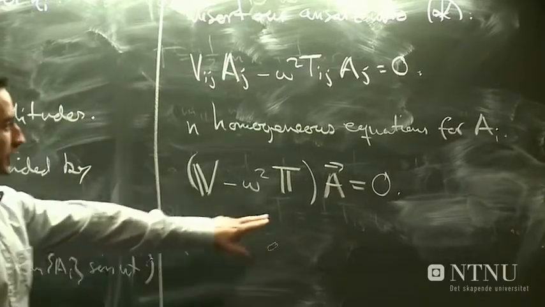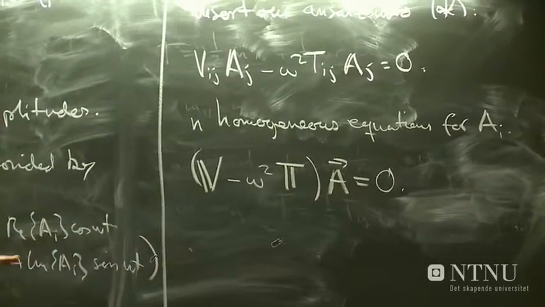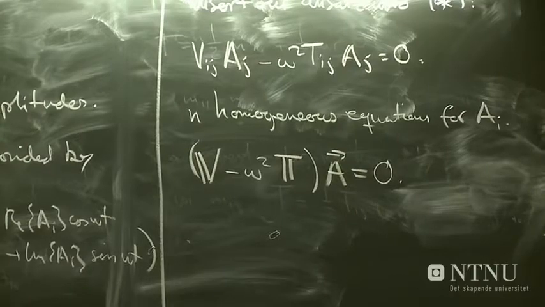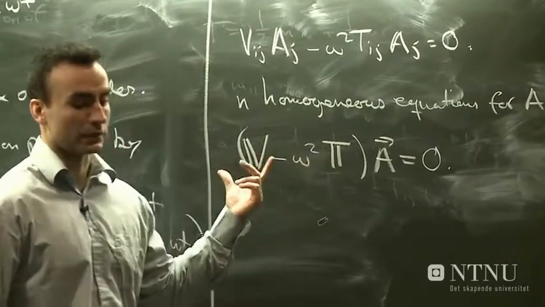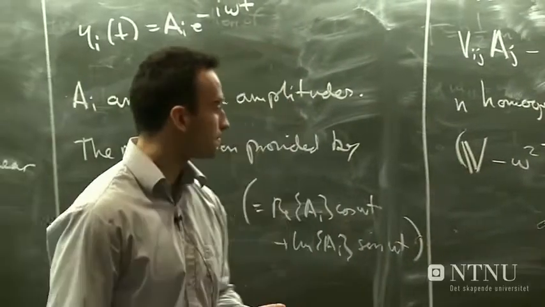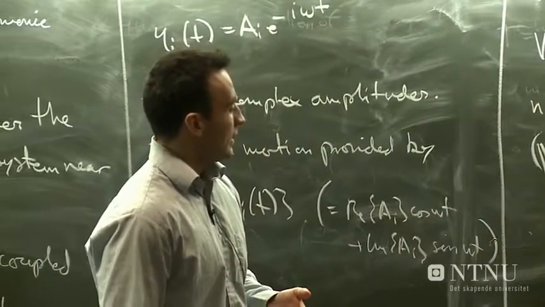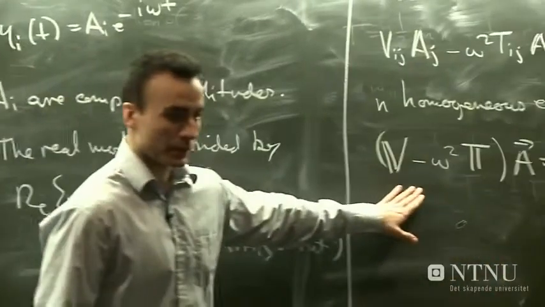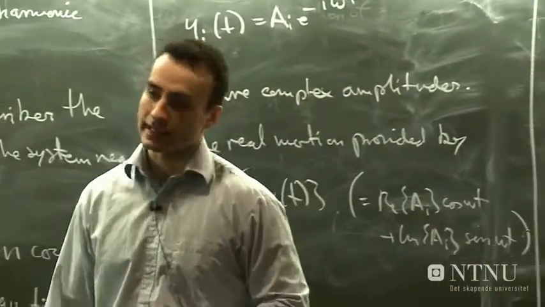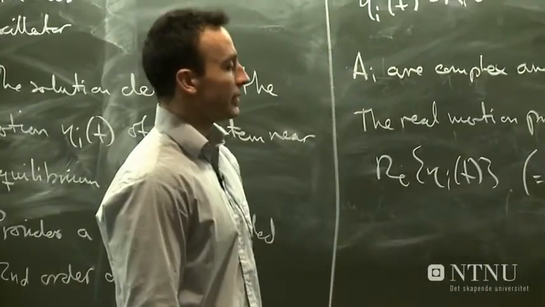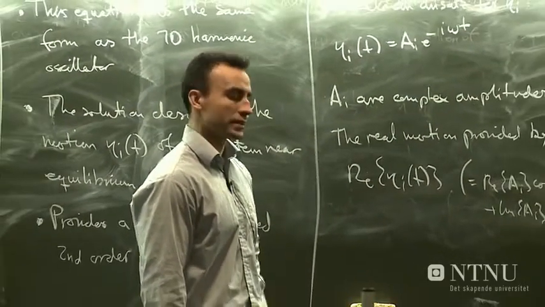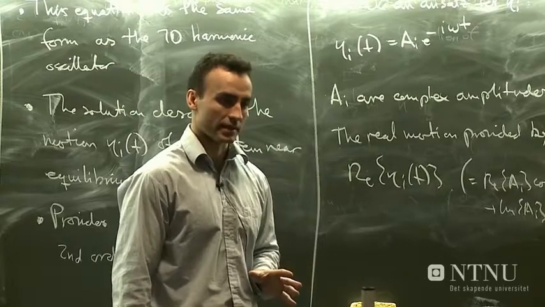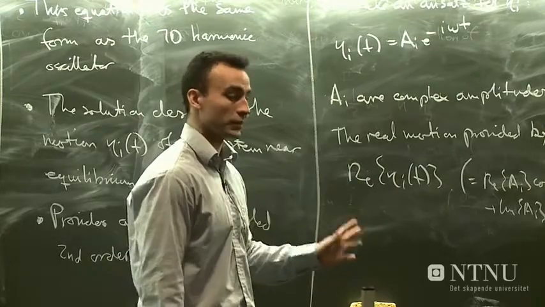So A is now a vector containing all the entries A1, A2, etc. And V and T are just the potential and kinetic energy matrices. Okay, so if this is the equation we have to work with, can we say something right away about which conditions need to be present in order for this to be a solution?